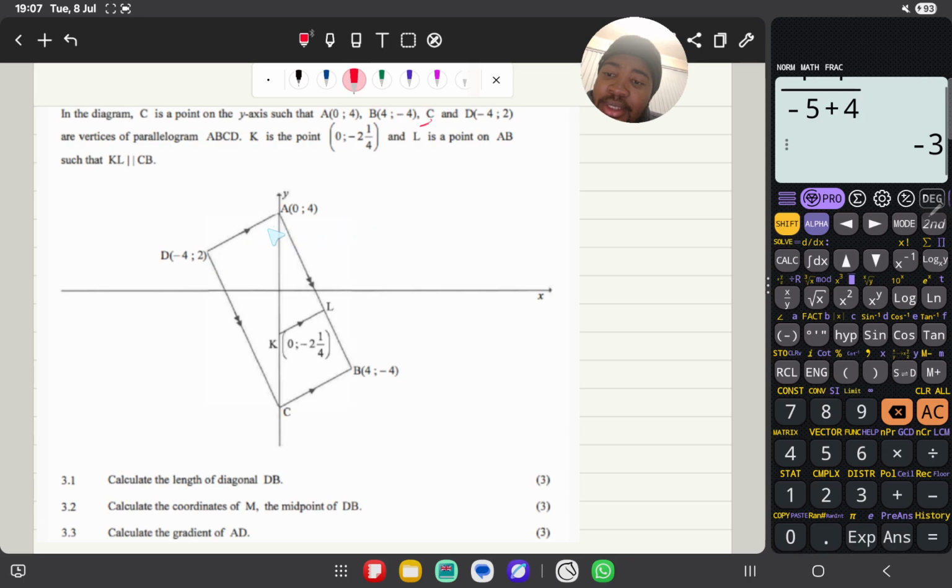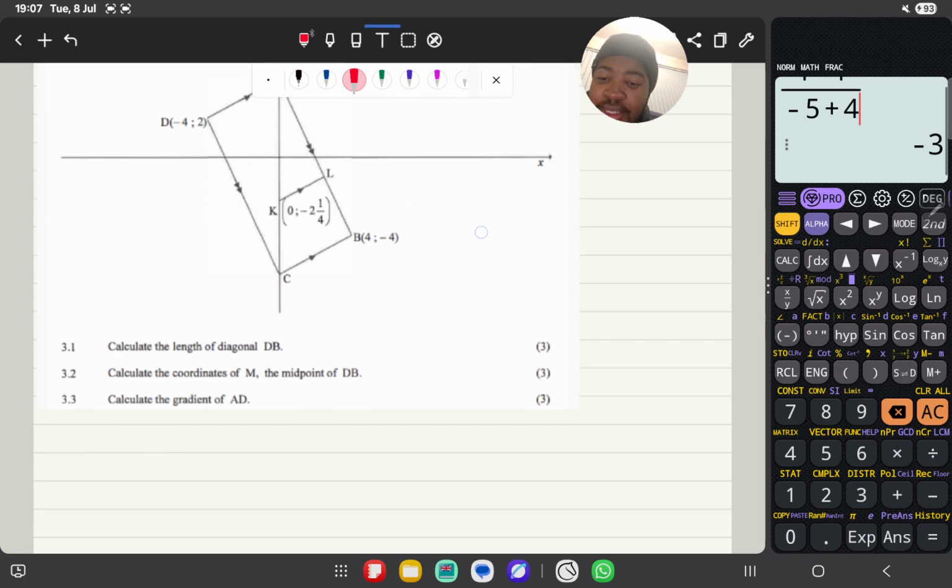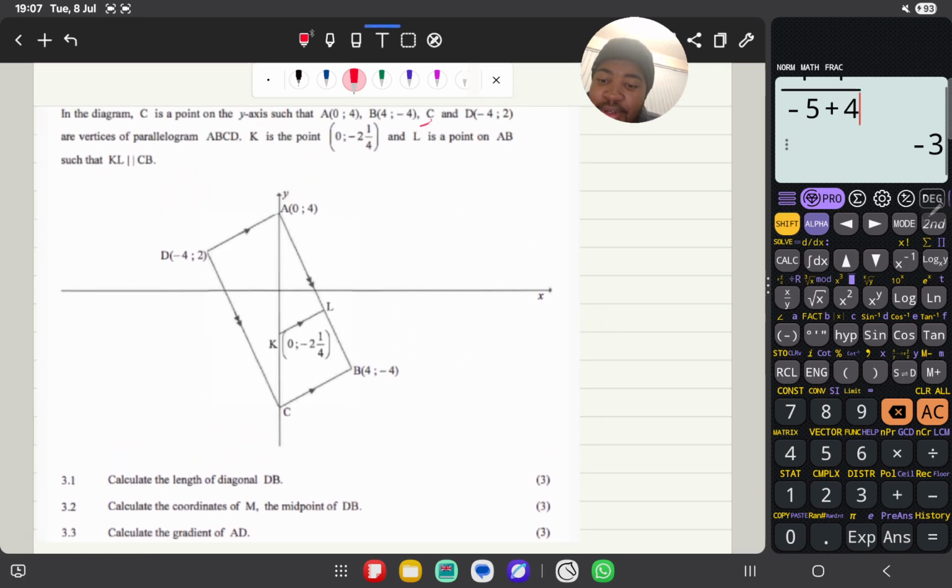K is a point, and then L is a point on AB, such that KL is parallel to CD, which is also parallel to DA. They say calculate the length of DB.